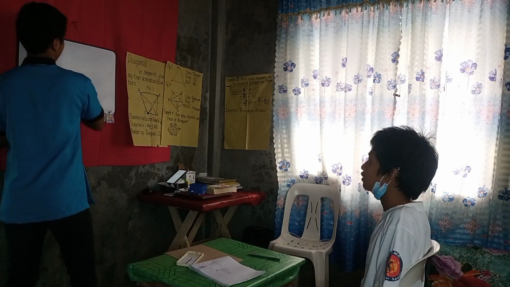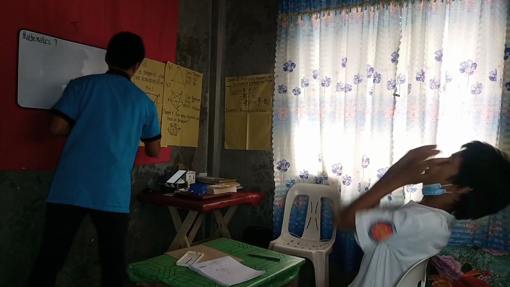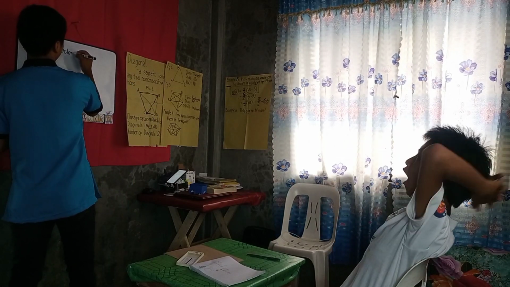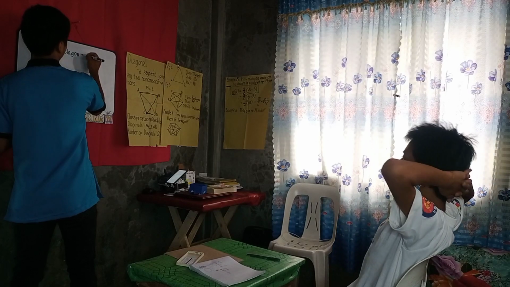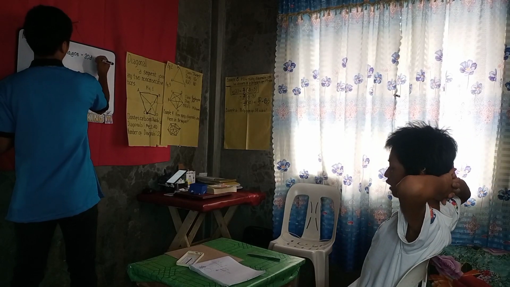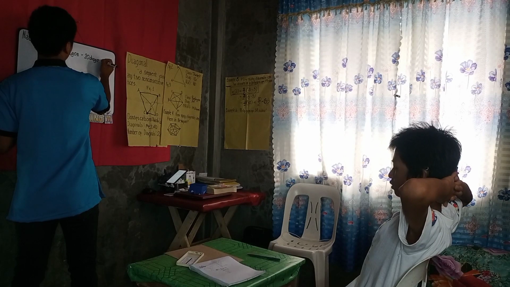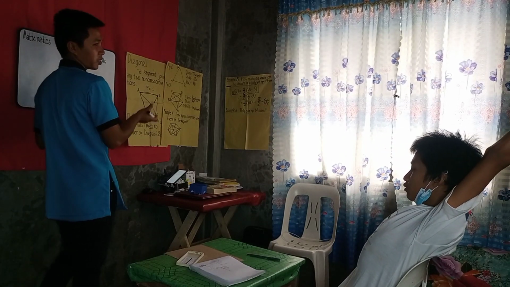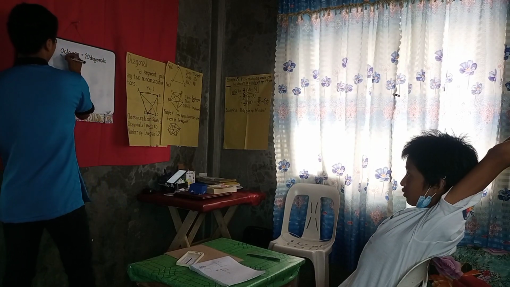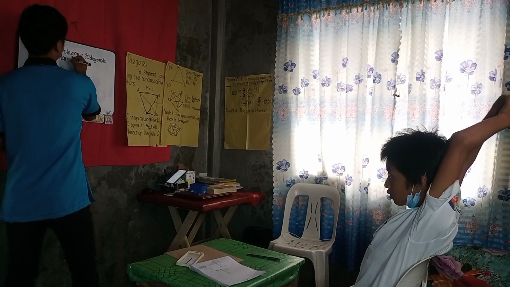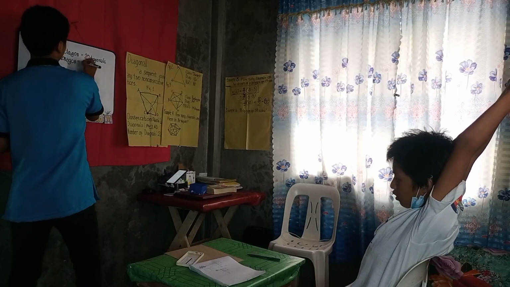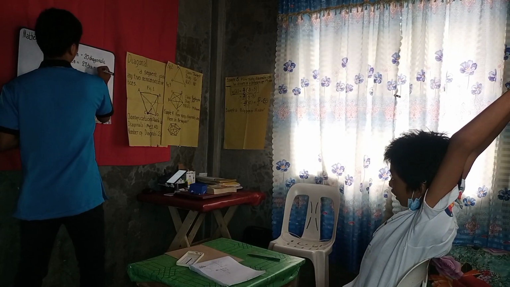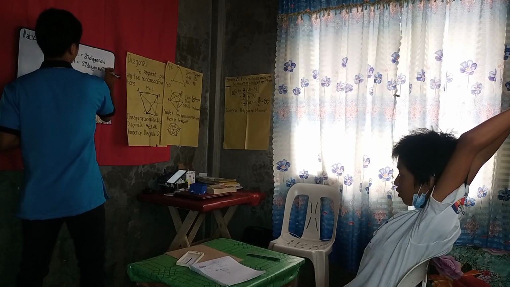Let us just rewrite, okay? In octagon, there are 20 diagonals. So, nakuha natin siya using the formula, right? While in nonagon, there are 27 diagonals.